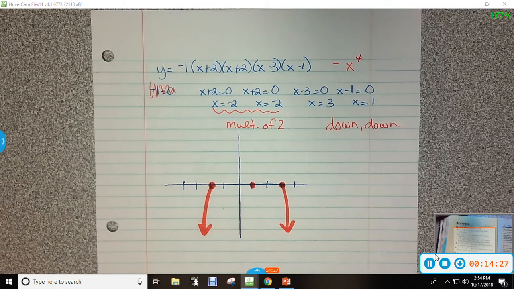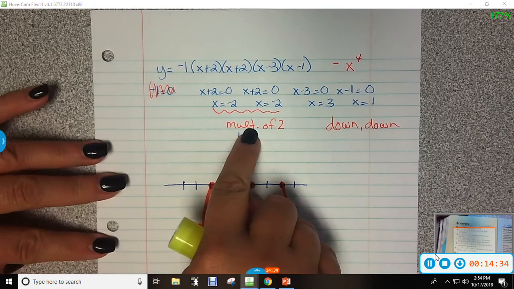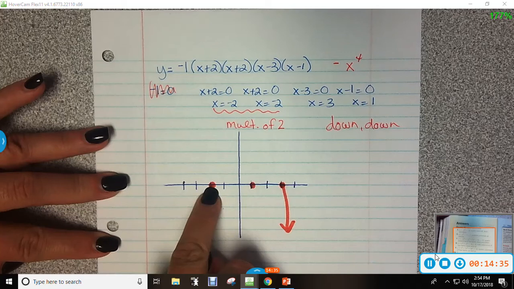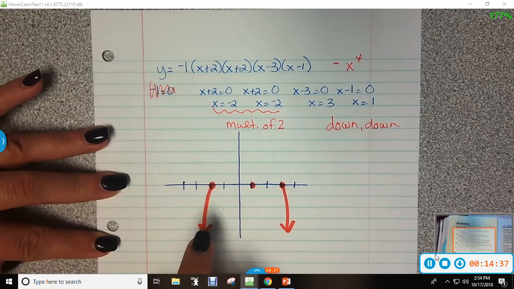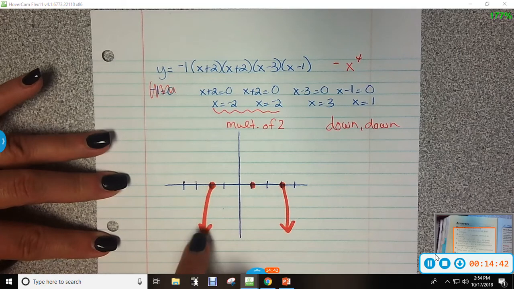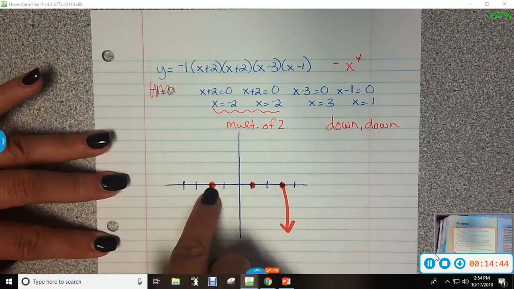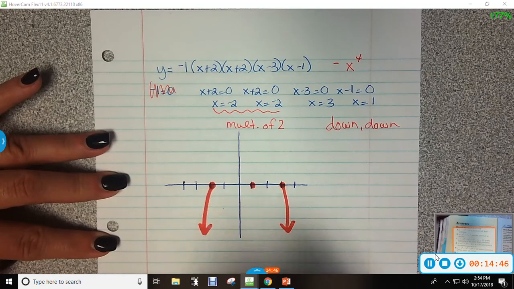And now let's see if we can sketch in the middle of it. Okay, I have a multiplicity of 2 right here. So what happens to my graph? It doesn't pass through it. From here, if I start tracing it, it's going to hit right here, bounce off, and turn around.